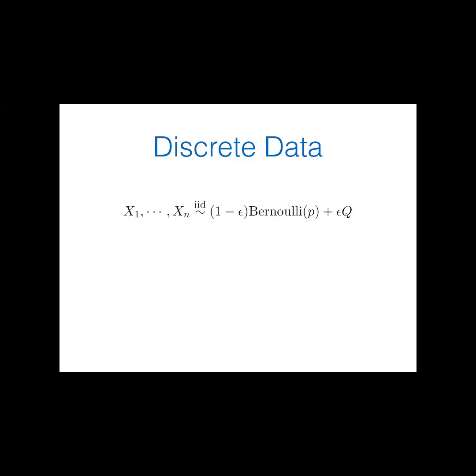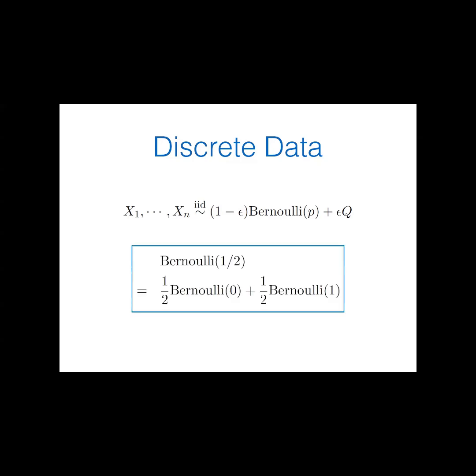And if it's Bernoulli, then we know Bernoulli is linear in terms of the parametrization. In particular, Bernoulli half can be written as a mixture of Bernoulli 0 and Bernoulli 1. So now if you have a binary sequence with roughly 50% 0, 50% 1, you really don't know whether it is generated from Bernoulli with probability a half, or from Bernoulli with probability 0 but with 50% contamination.